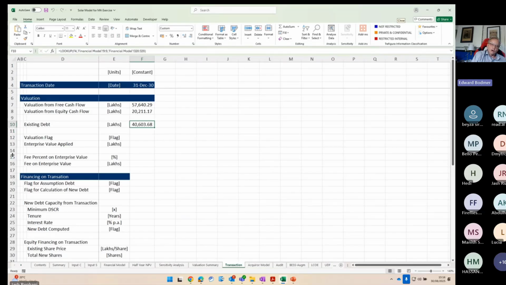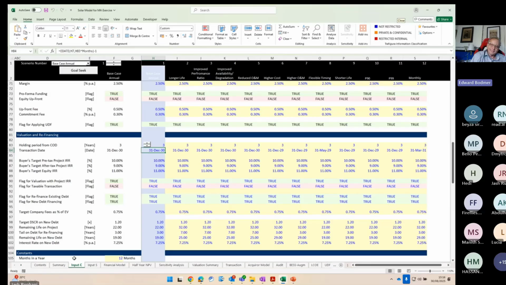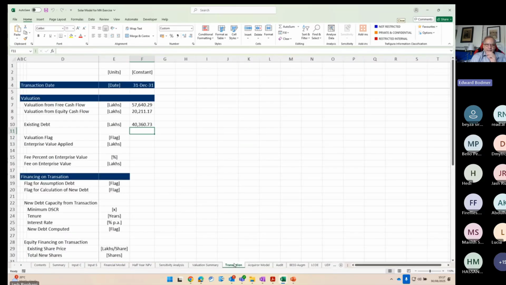Now, if you would go all the way back to the Input C page, oops, we can't quite do that. We'd have to run the macro again. Let's make it 4 years just temporarily. Up there with the spinner box, you can even make it 4 years. I should not have used that macro, but go to the transaction page.